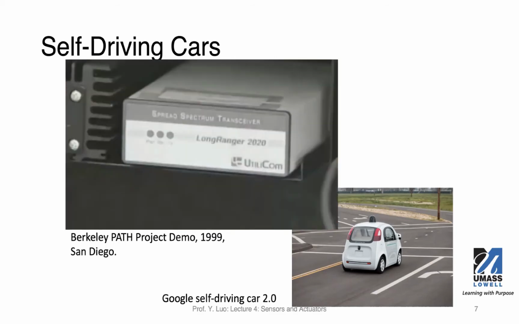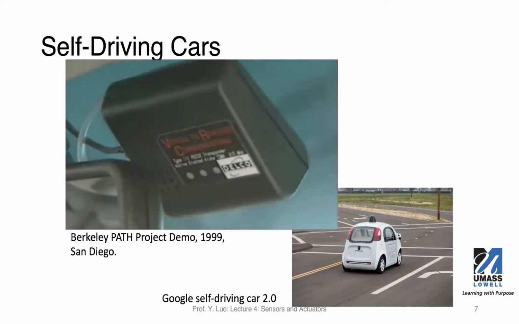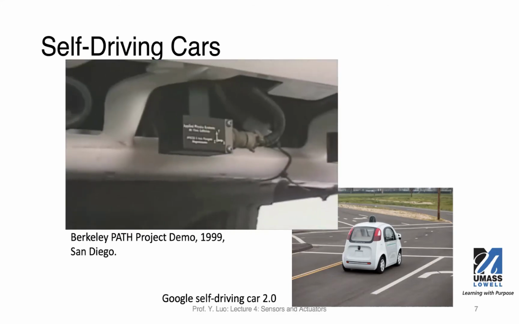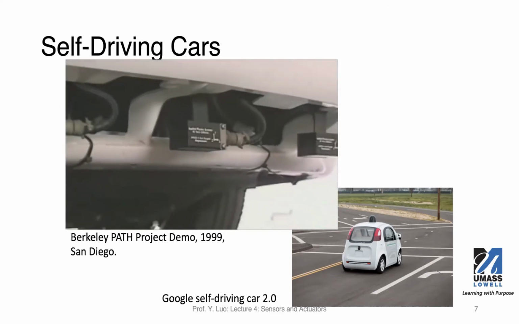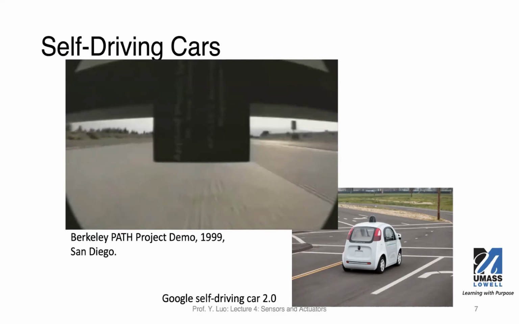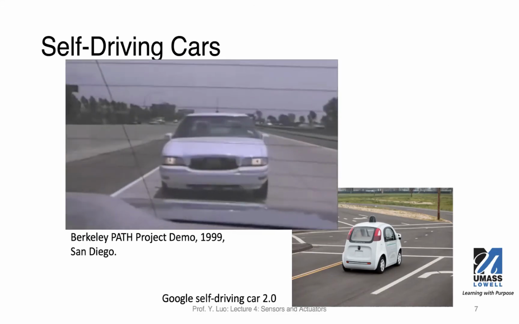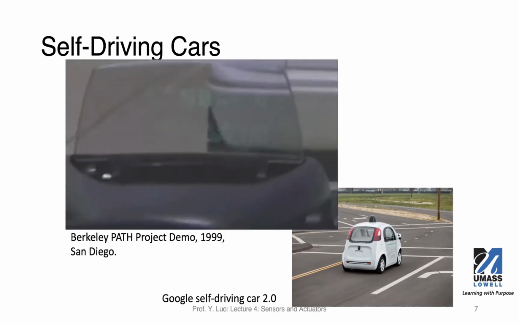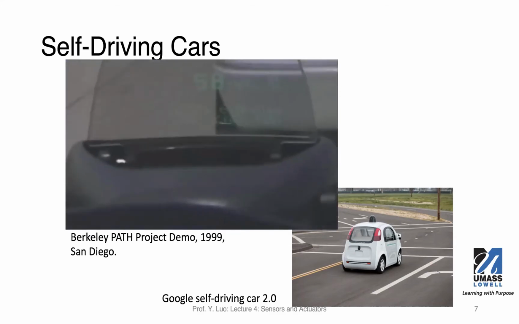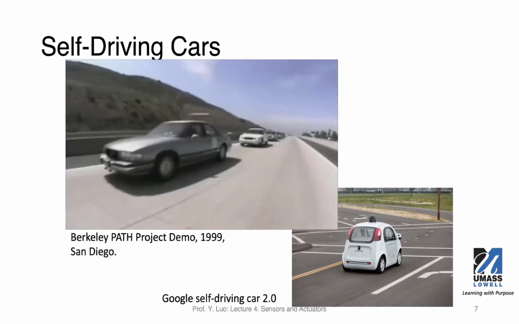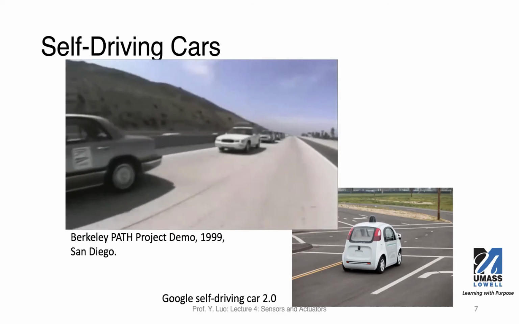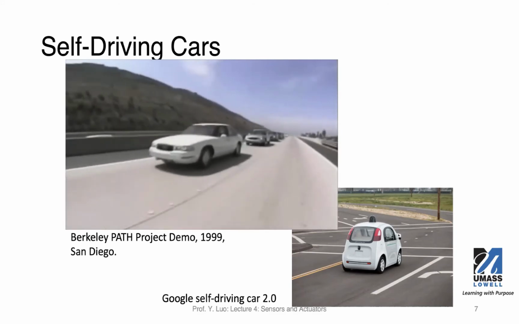So you can see here antenna for GPS. They have this spectrum receivers, and a lot of sensors are mounted outside the car. Here you have a camera, and so these sensors enables the control software and to implement such a autonomous driving system.